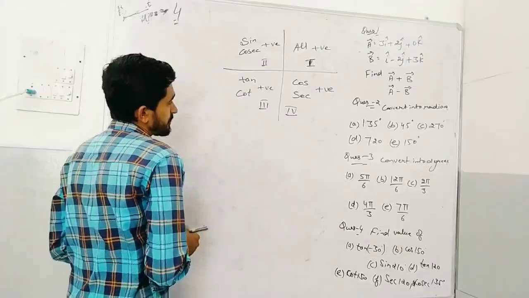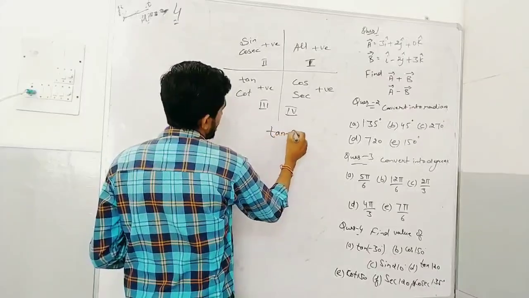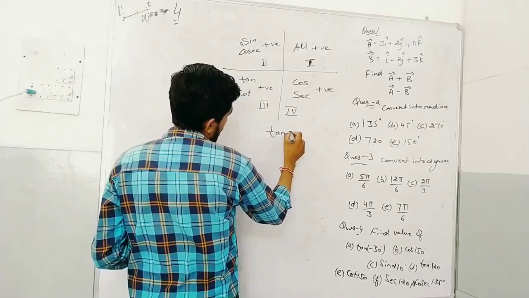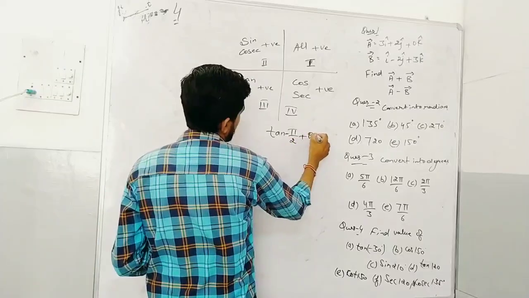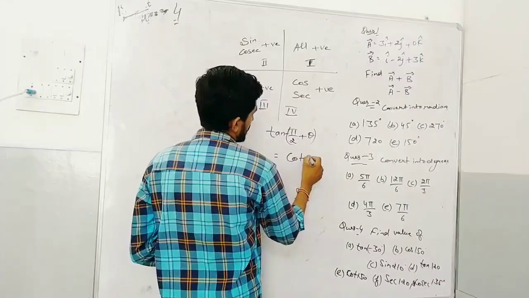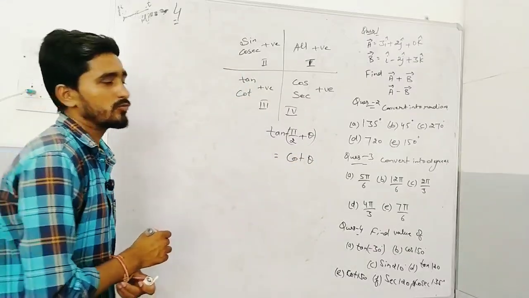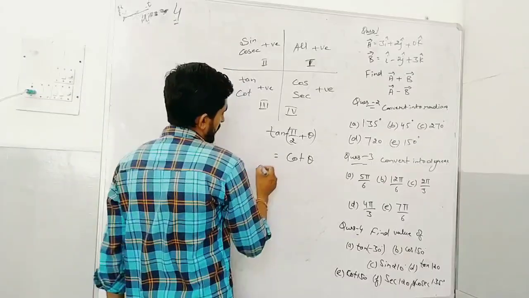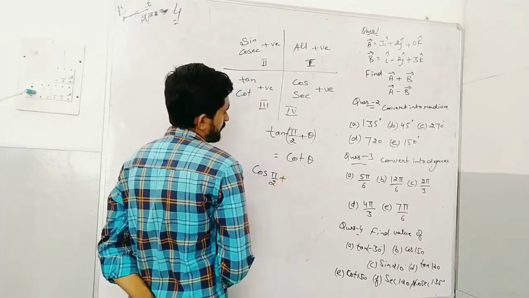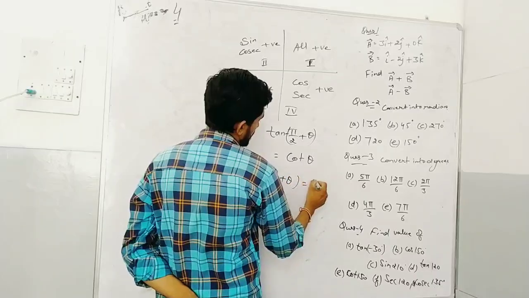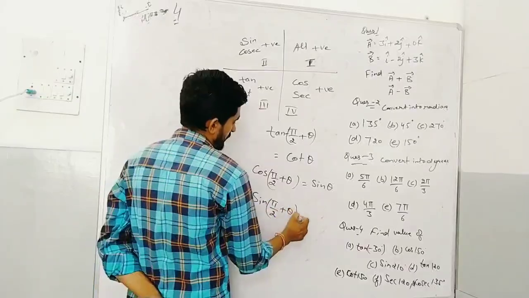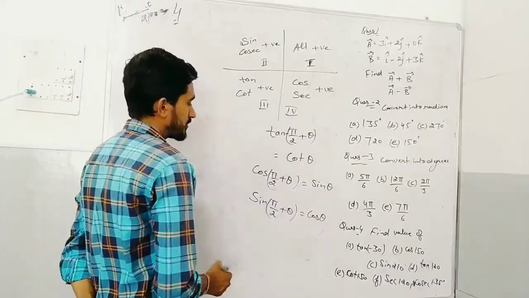Tan of pi by 2 plus theta becomes cot theta, and similarly cos of pi by 2 plus theta becomes minus sin theta, and sin of pi by 2 plus theta becomes cos theta.